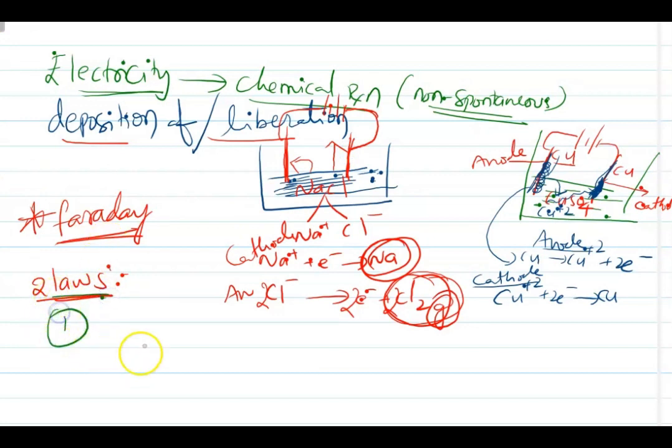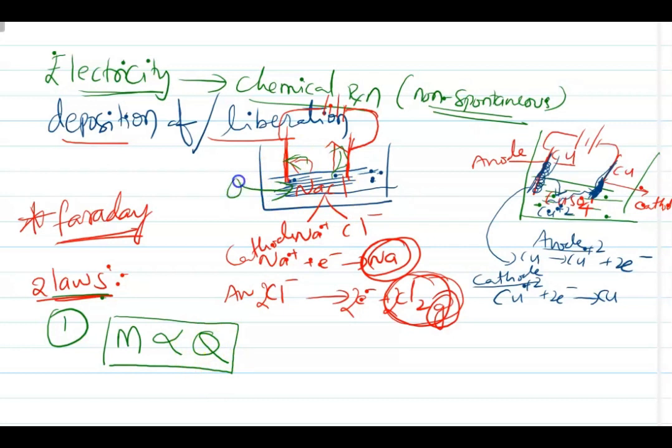Faraday's first law says the mass of the substance which has got deposited or liberated, that is, the amount of chemical reaction happening, whether deposition or liberation, at an electrode is directly proportional to the amount of current passing through the electrolytic solution. Here current means charge, the amount of charge passing through the electrolytic solution.